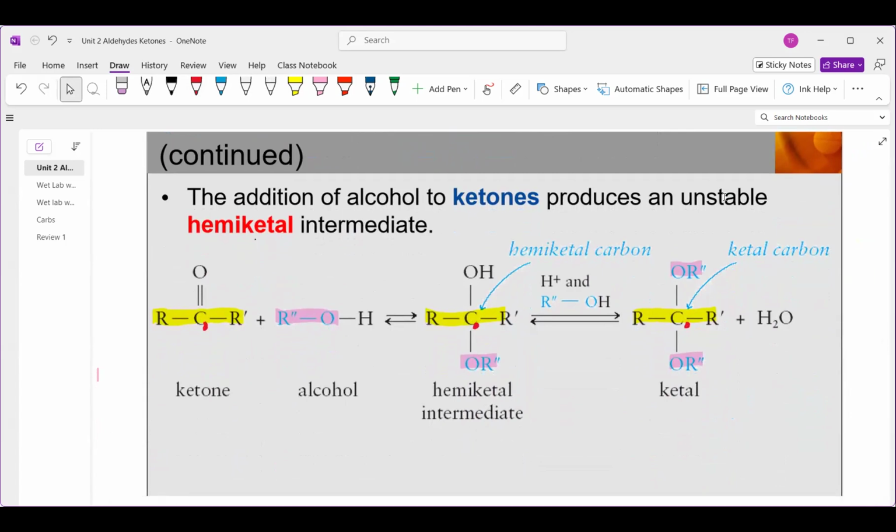Now this hemi intermediate is not as stable as either the acetal or the original aldehyde or ketone, except in the case of carbs.